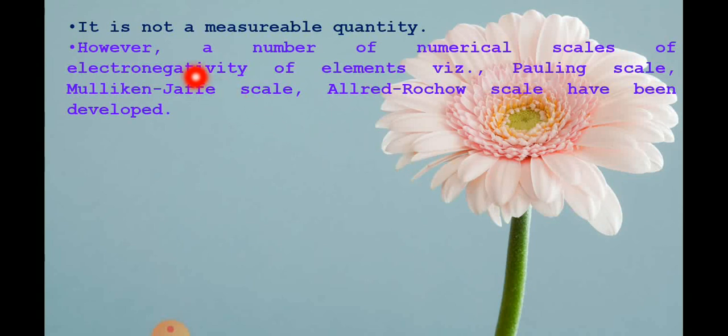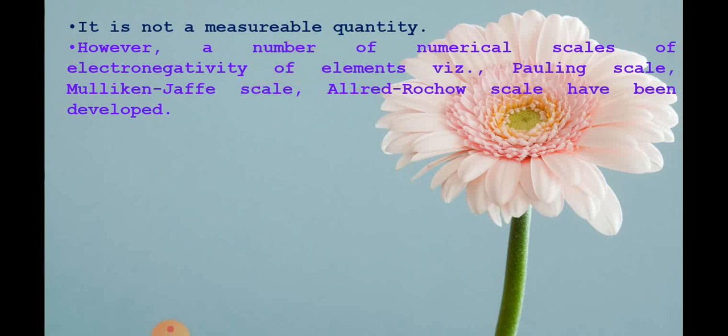However, a number of numerical scales of electronegativity of elements have been developed. For example, the Pauling scale. There are different scales for electronegativity. We have the Pauling scale, the Mulliken-Jaffe scale, and one more is the Allred-Rochow scale. These are different scales to measure the electronegativity of an atom in a molecule.